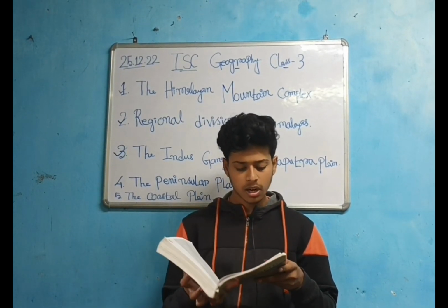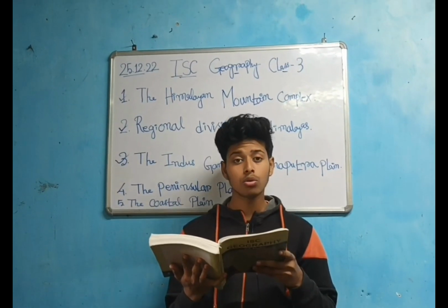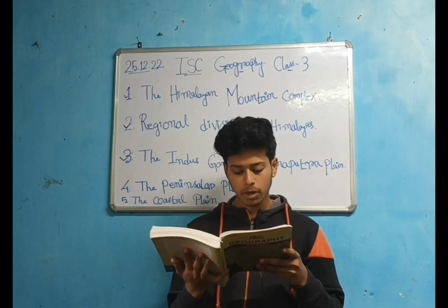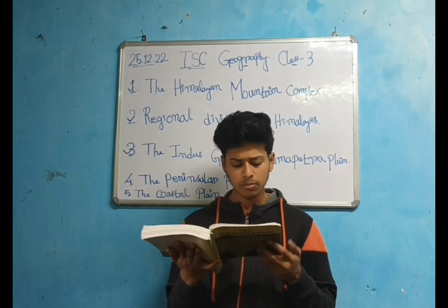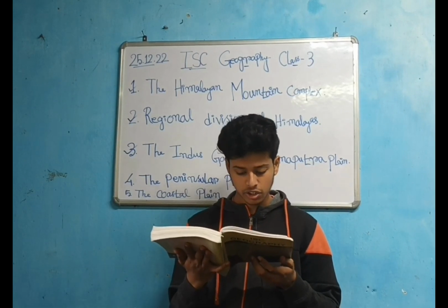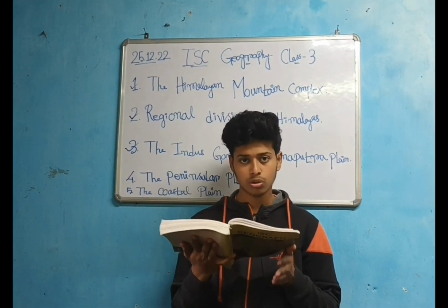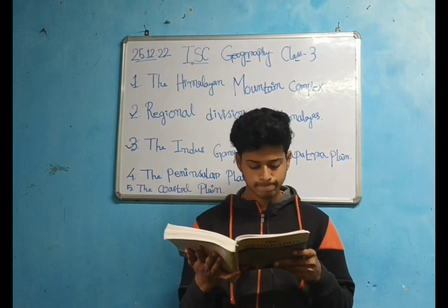What about the Eastern Ghat? Skirting, that is going around the edge of the eastern edge of the Deccan Plateau and running parallel to the eastern coast are the Eastern Ghats. The edge, that is the eastern edge of the Deccan plateau, which runs parallel to the eastern coast, is the Eastern Ghat.